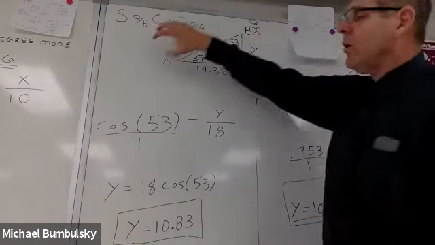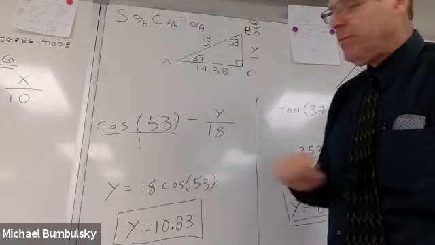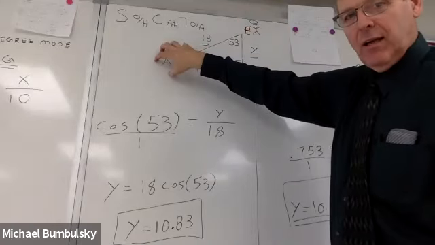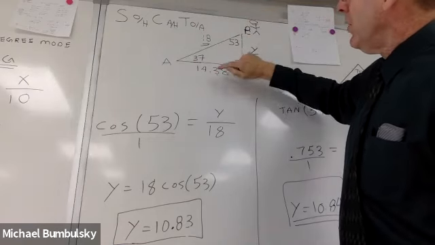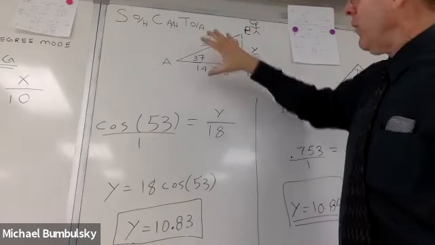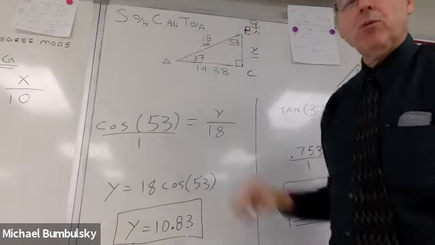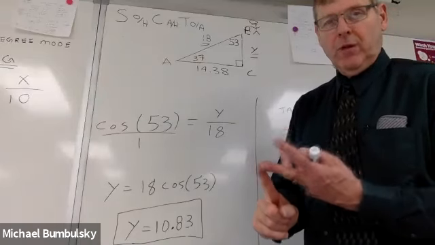You can stand wherever you want as long as it's not where 90 is. You can't stand here. You get to pick where you want to stand, and where you want to stand determines what ratio you need to use to solve the problem. The ratios that you use have to involve what you're looking for and what you know, okay?